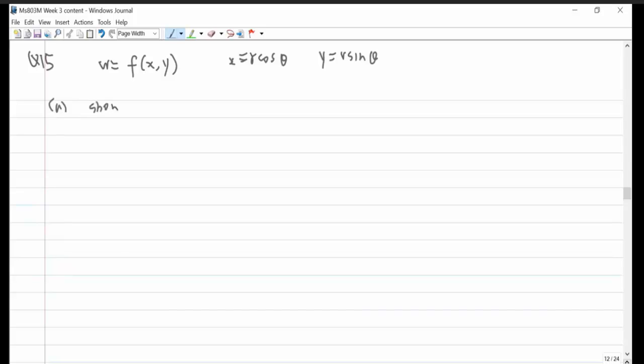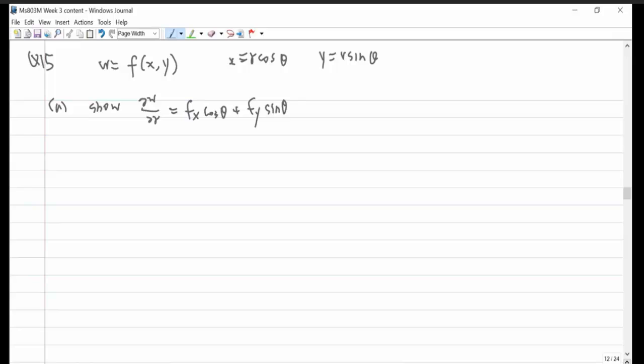Show two equations: dw/dr is equal to partial differentiation with respect to x first, times cosine theta, plus partial differentiation with respect to y, times sine theta.